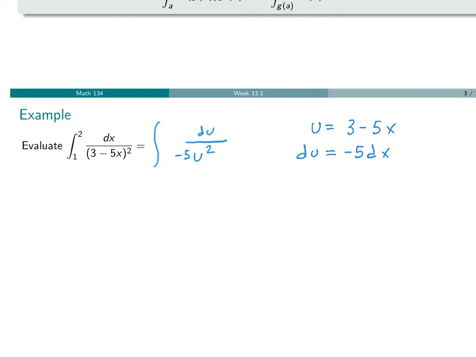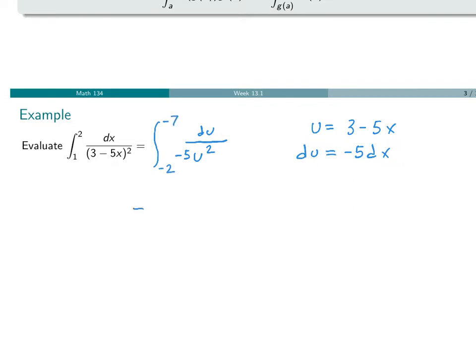So we're going to take 1 and plug it in for x to find out our u. 5 times 1 is 5, and 3 minus 5 makes minus 2. And if we plug 2 in, we get minus 7.